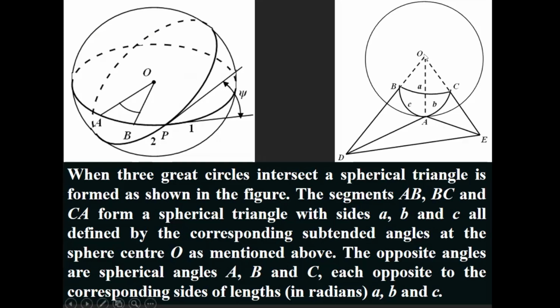So this is a right angle regular triangle, and this is a right angle regular triangle, and this is a regular triangle with this corner angle, capital A. And the side length, that means this C, is nothing but the angle this subtends here. A is nothing but the angle between these two lines, and B is nothing but the angle between, by definition.